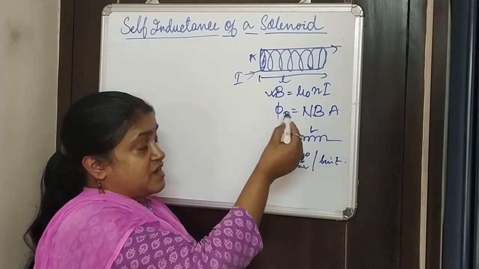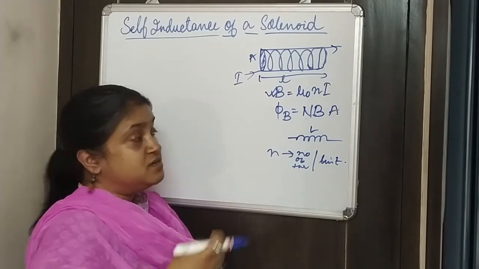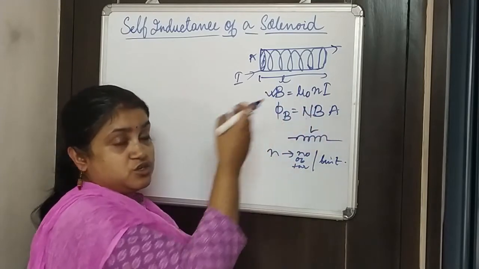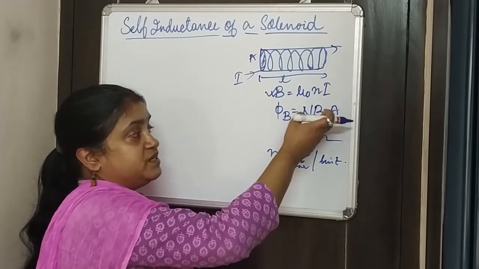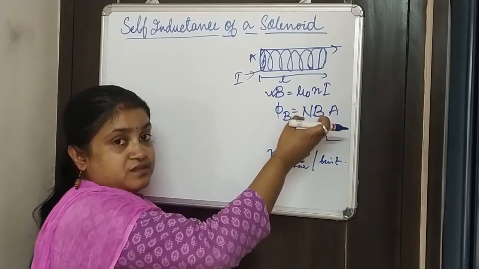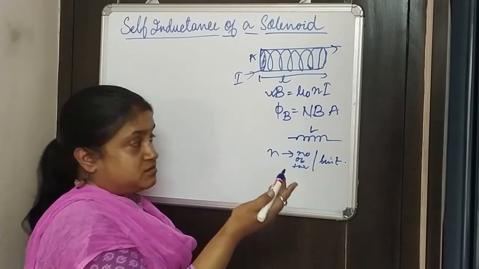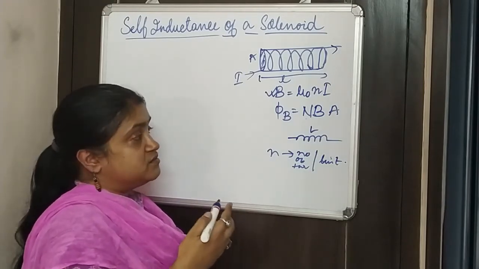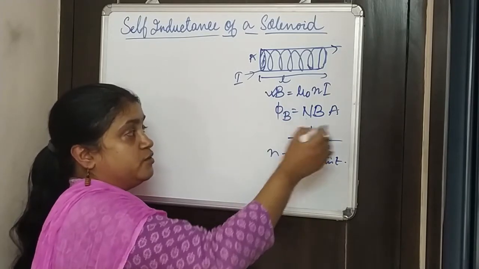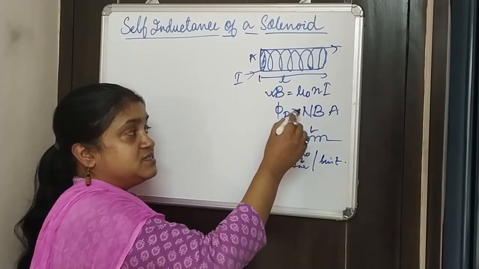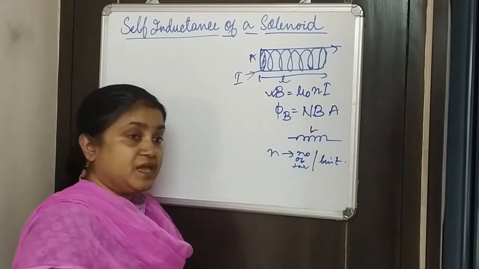Because as we know, the magnetic flux is the dot product of the magnetic field with the area, so B dot A would be the magnetic flux, where BA cos theta would be the value, and theta we take as 0, so cos 0 is 1. So the magnetic flux is the total number of turns times B times A.